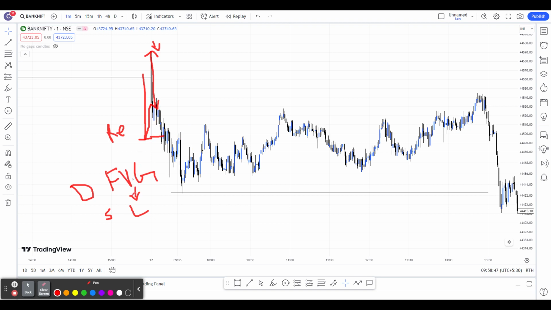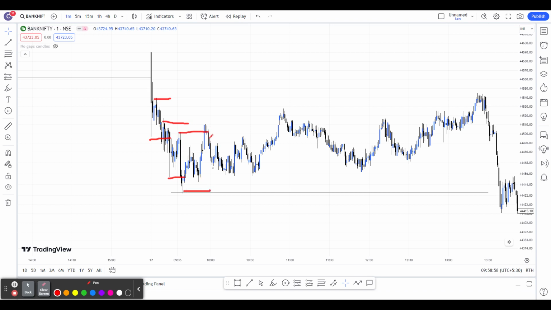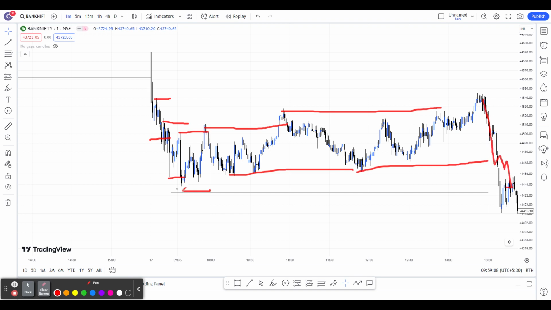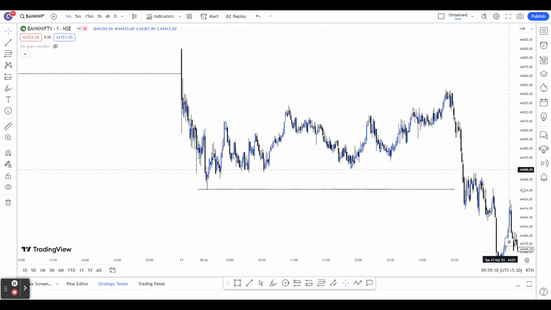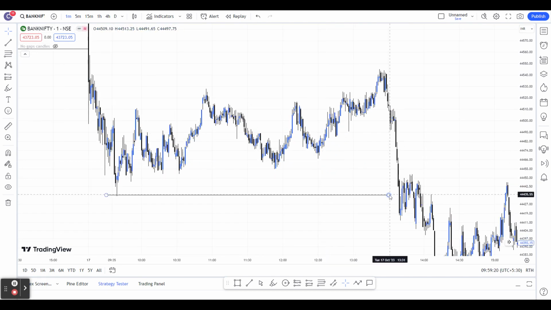As you can see, the market is pushing to the downside from this order flow, and from this order flow, and the market creates a demand from this order flow. Again the market creates a demand from this order flow. As the market breaks this demand to the downside, the actual demand area is this. When the market breaks this area, I know guys, you are not properly understanding what I want to say, just because you are not aware of the structure.